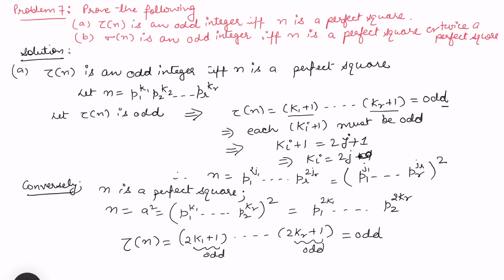Now let's prove the second part, where we want to show that sigma n is an odd integer if and only if n is a perfect square or twice a perfect square. So for the B part, let's first suppose that sigma n is odd.